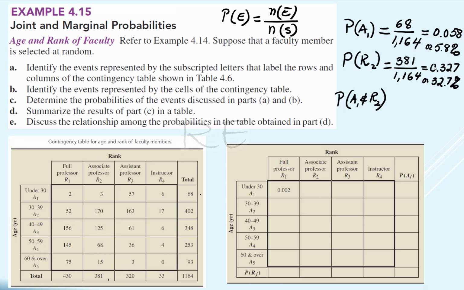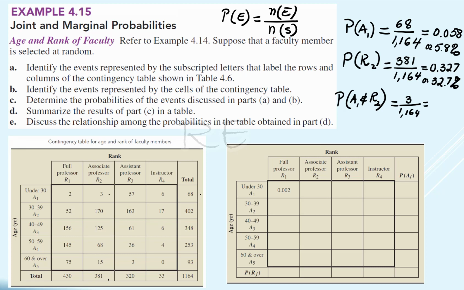Now we can also calculate the probability of a cell. So the probability of A1 and R2. A1 and R2 is 3, and the total is 1164.